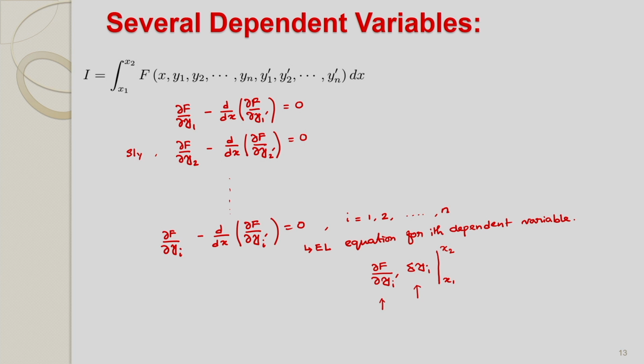So, for n dependent variable we have n differential equation, that is n Euler-Lagrange equation. We will understand this concept of several dependent variable using one example.